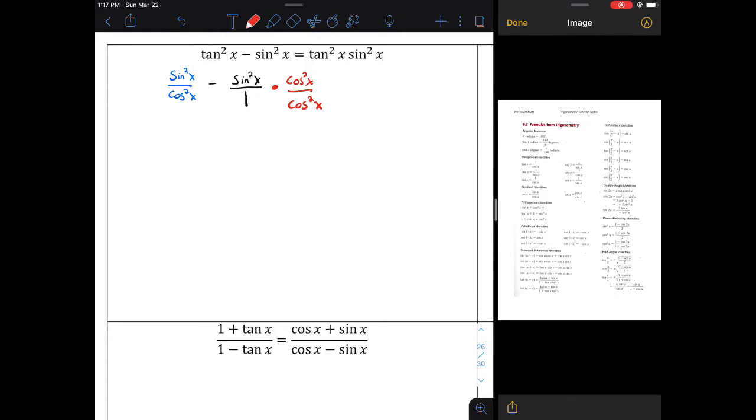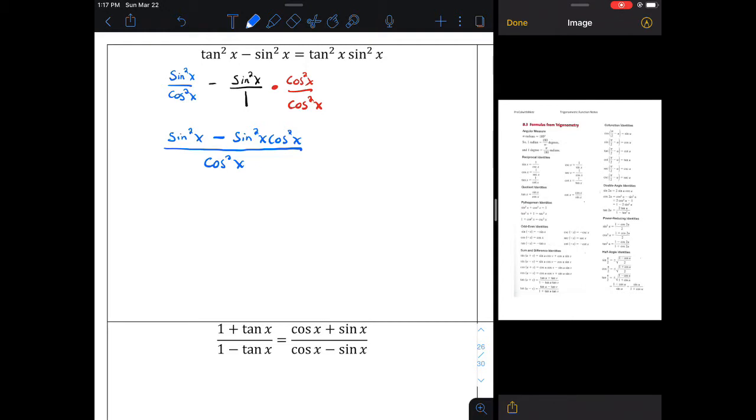And now I'll have a common denominator, so I can put these together, and I'll have sine squared x minus sine squared times cosine squared all over cosine squared x. All right, so now it's combined into one fraction.